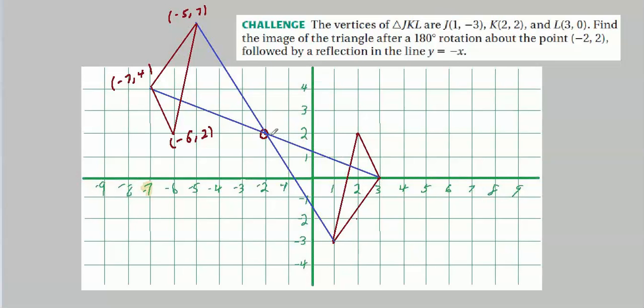But we can do that without explicitly computing the length. How do we do that? Well, from here to here is 2 units up and 5 units over. So the length of this would be the square root of 2 squared plus 5 squared. But we don't need to worry about that.